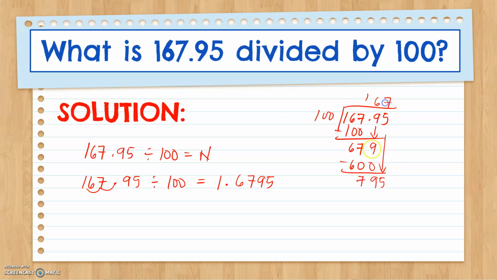We'll have 7. Then we'll have a remainder of 95. So we'll need to add 0. Then 950 divided by 100 is 9. That will give us 900. Then a remainder of 50. So we'll have 5. And this will be equal to 500. Then we'll put the decimal point here. So we just got the same answer as well.